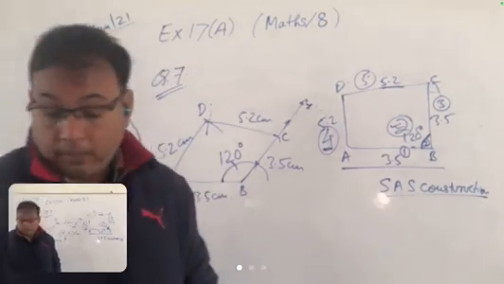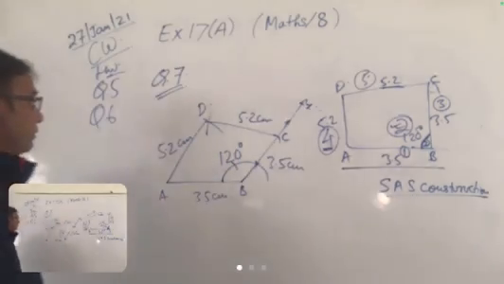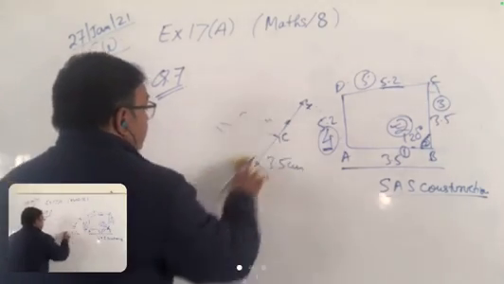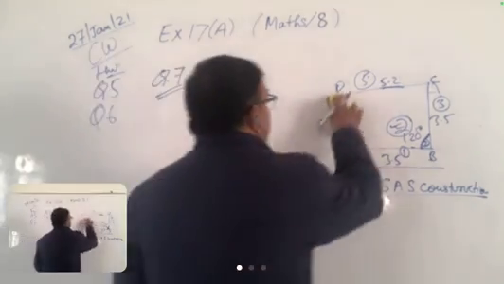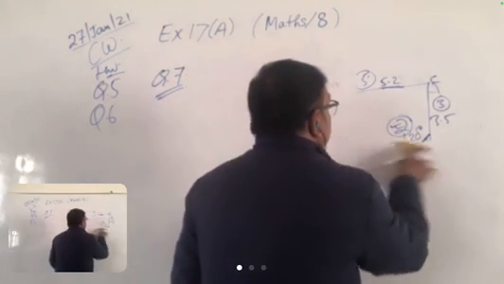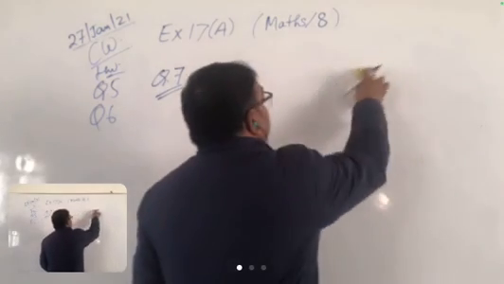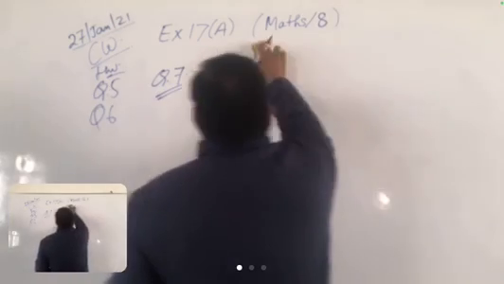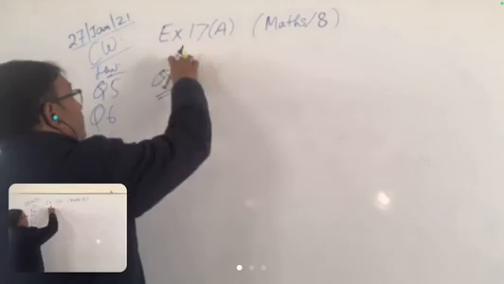So now Riya, can you read the 8th question for me? Construct a quadrilateral ABCD in which AB equal to 2.9 centimeter, BC equal to 3.2 centimeter, CD equal to 2.7 centimeter, DA equal to 3.4 centimeter, and angle A equal to 70 degree.